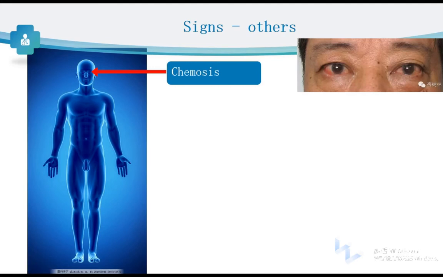It looks like this patient is just crying. And that's because the vessels of the eyes are dilated by the high level of carbon dioxide. Another one is cyanosis, which is caused by hypoxia.